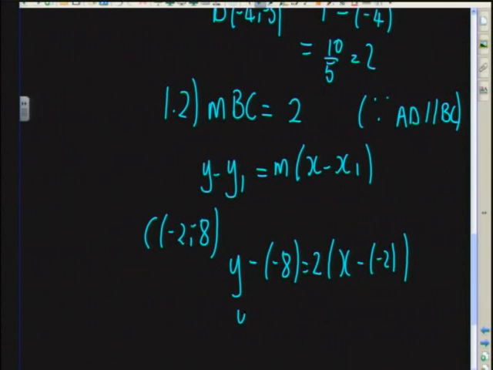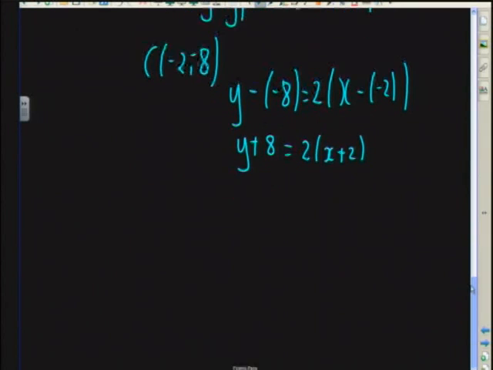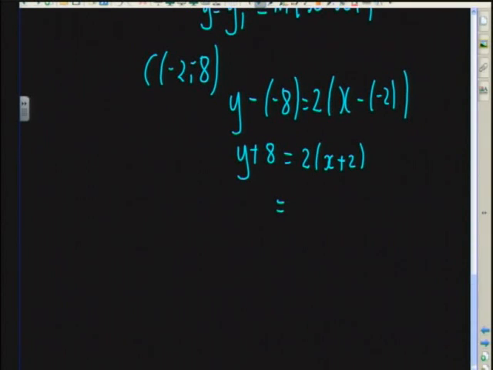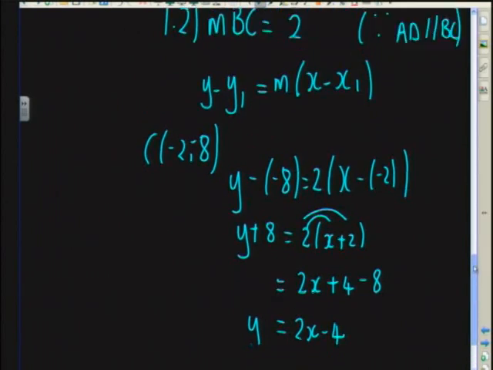So we get y plus 8 is equal to 2 into x plus 2. All right, and we can simplify that. So I'm multiplying the 2 into the bracket, so I'll get 2x plus 4. Bring the 8 over to the right-hand side, so it becomes -8, and we get y is equal to 2x minus 4 is the equation of BC.